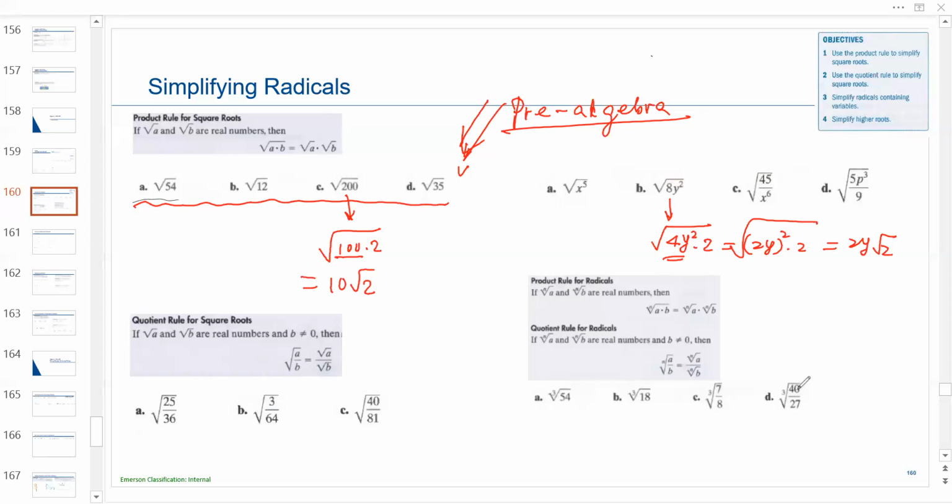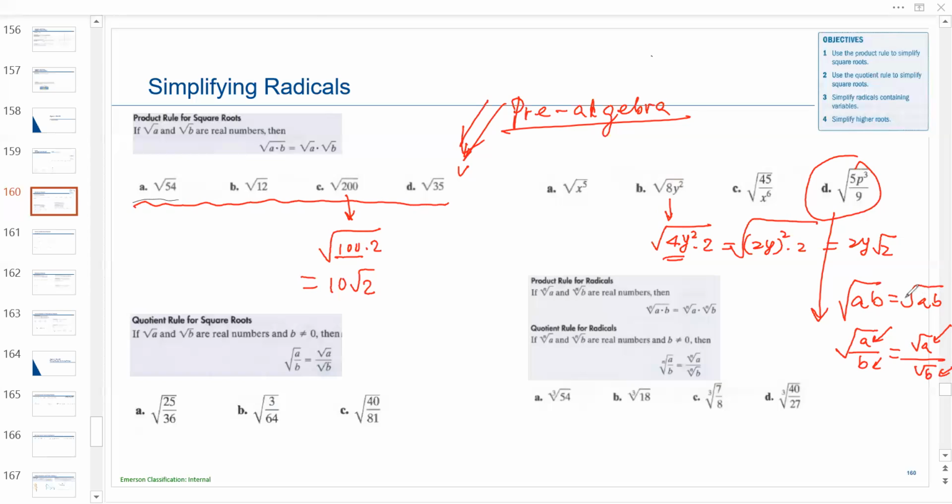When there is a fraction, you know that the square root of AB can be written as the square root of A times the square root of B. And if it is A over B, it can be written as the square root of A over the square root of B. But of course, make sure A and B are greater than or equal to 0 before you do this.